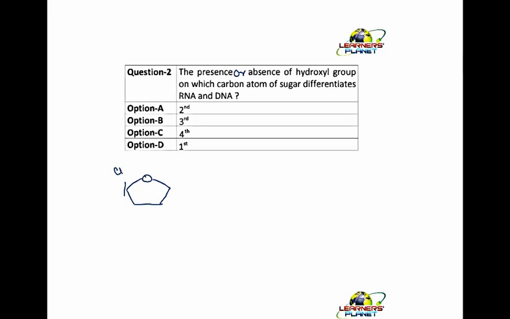We have one CH2OH over here. This carbon is the first carbon, and this is the second carbon. In DNA there is no hydroxyl group at the second carbon, whereas if I draw the structure of RNA, that is ribose sugar, we have a hydroxyl group at the second carbon atom.